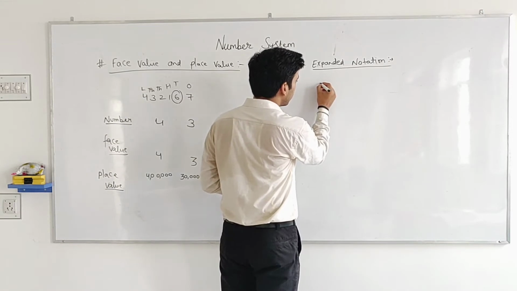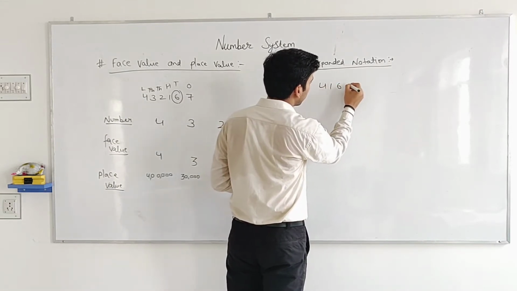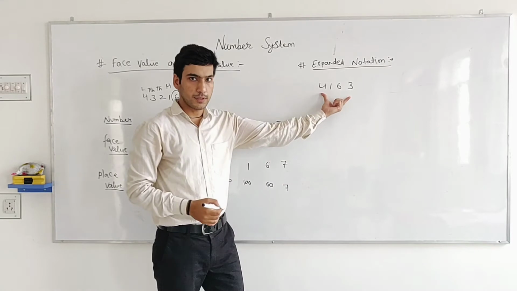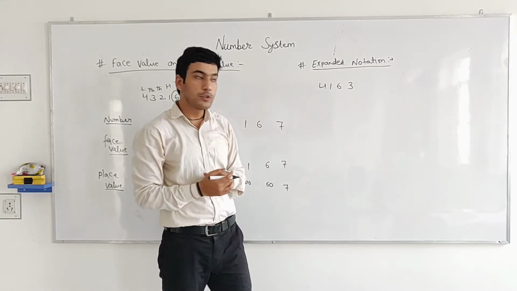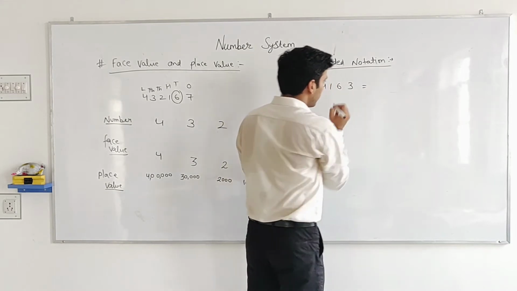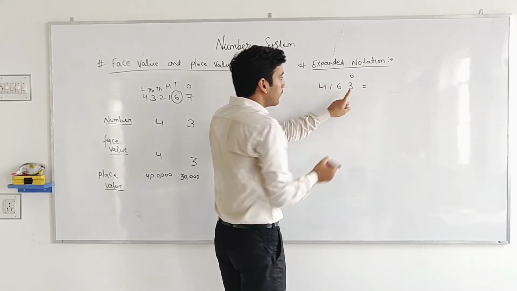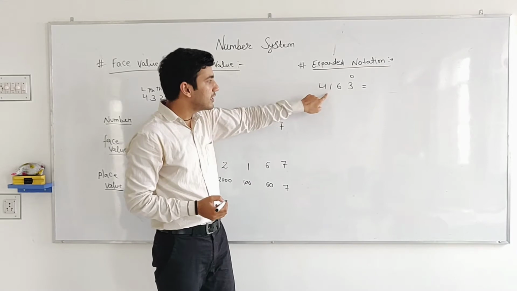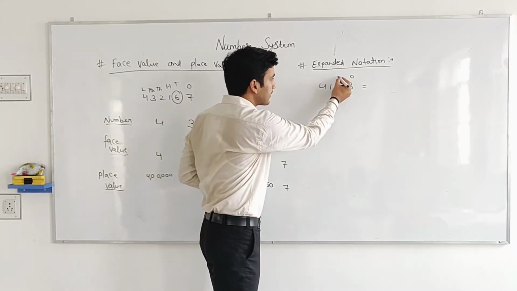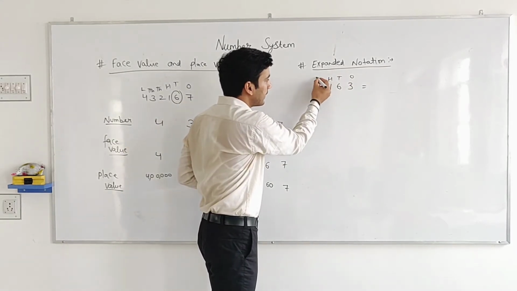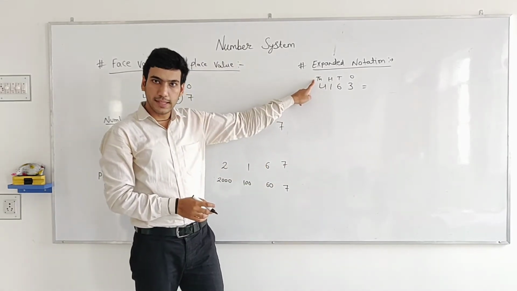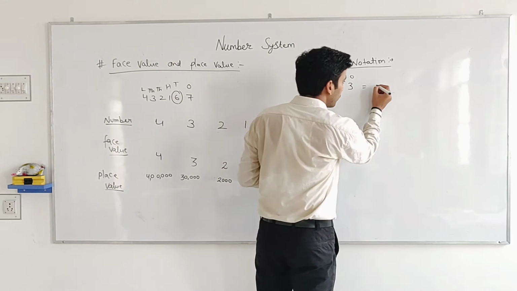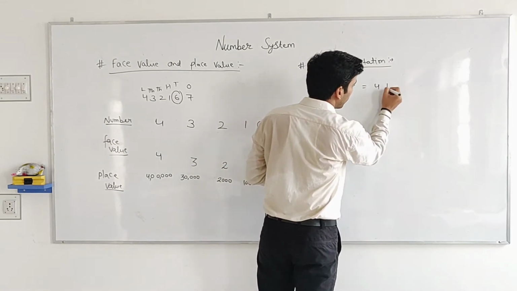If this is my number, let us take a 4-digit number. Now, if you want to write this number in expanded form, how will you write it? First, you need to know what these places are. This is the 1's place, 10's place, 100's place and 1000's place. So 4 is on the 1000's place.